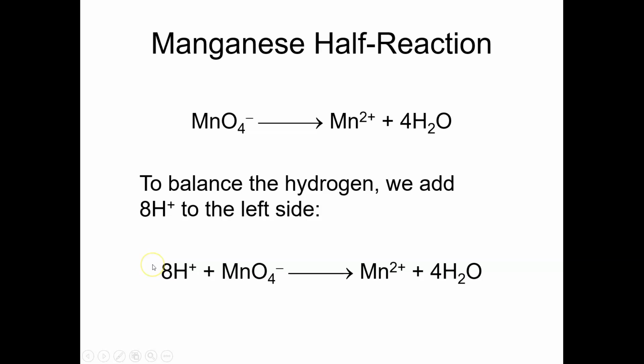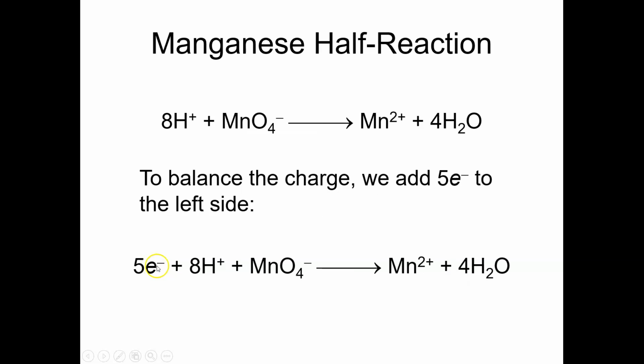I have to add 5 electrons to this left-hand side in order to get balance on charge. So now this is -5 plus 8 is +3, and -1 is +2, and I'm +2 on this side. So now both half reactions have been fully balanced for charge and atoms.